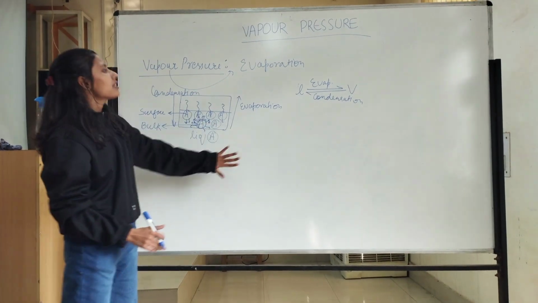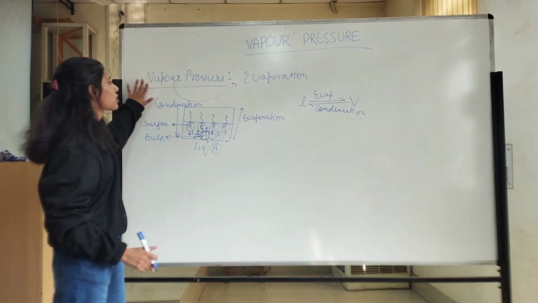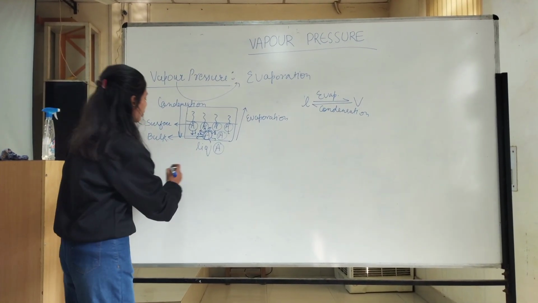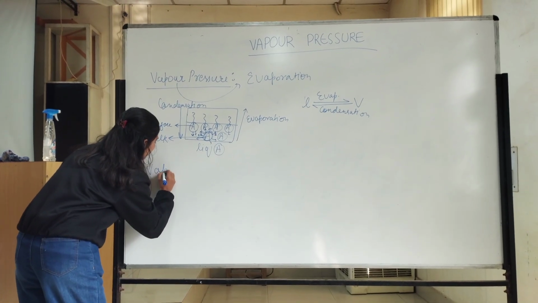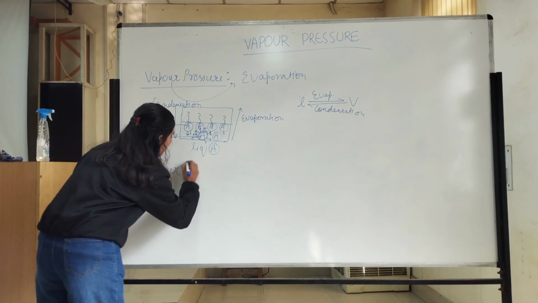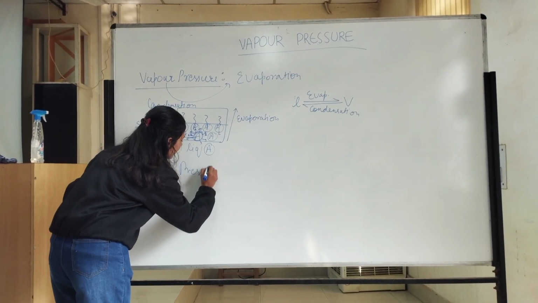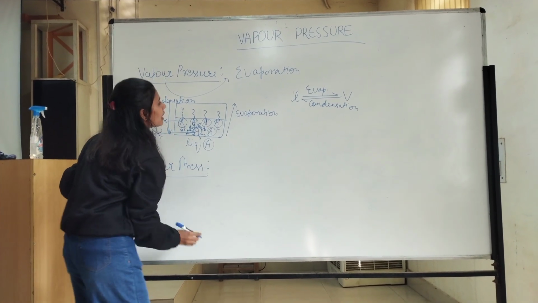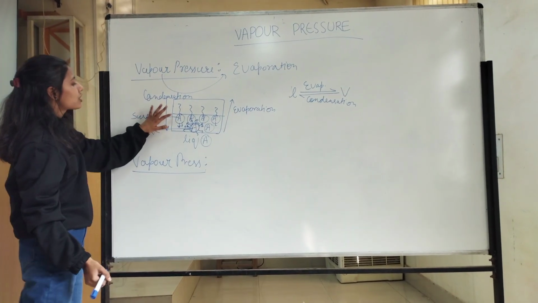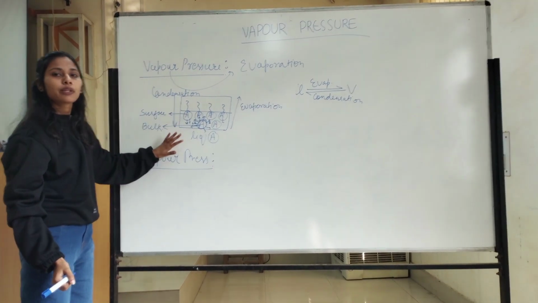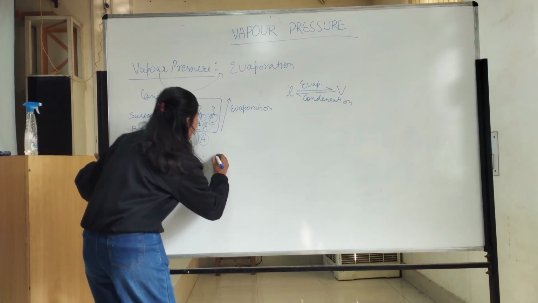So from all this we can conclude the definition of vapor pressure. So what will be the definition of vapor pressure? In equilibrium, the pressure of gases above the liquid surface is known as vapor pressure.